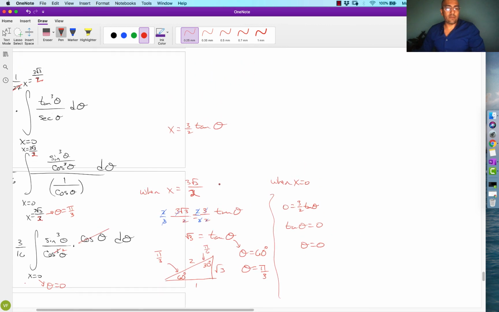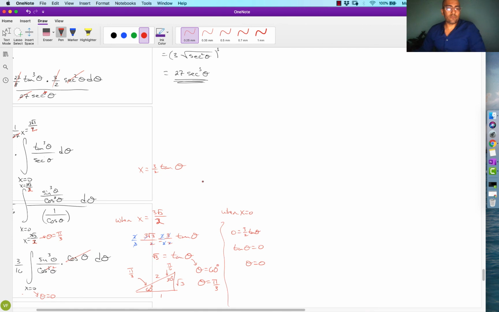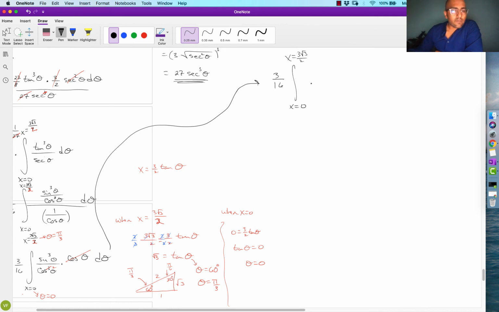Okay, so now we got everything we need to restate our integral, including the limits of integration in terms of theta. So let's zoom out a little bit and let's get out of this whole mess and let's put it right over here. So let me recopy it. 3/16 integral as x goes from 0, x goes to 3 root 3 over 2 of, and then we ended up with sine cubed theta over cosine squared theta d theta after I canceled out one of the cosines.